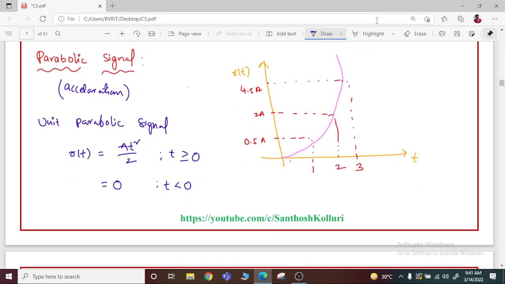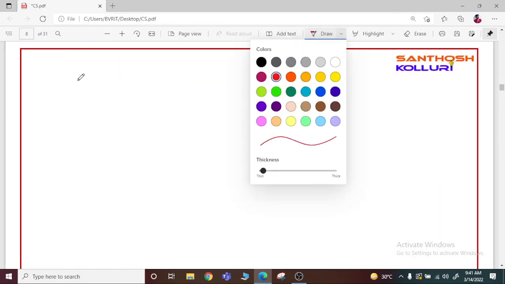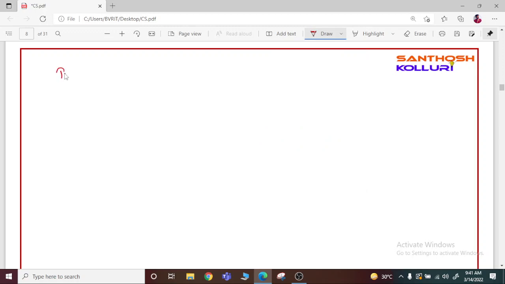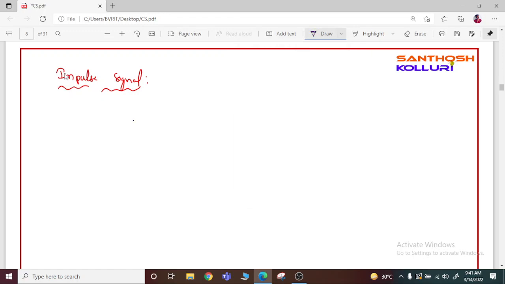And the last one is the impulse signal. This impulse signal is nothing but at 0 input we are having maximum output. So theoretically, at 0 input you have to get maximum output. So this is time t and this is the impulse signal or input r of t, which is nothing but delta of t, impulse signal.